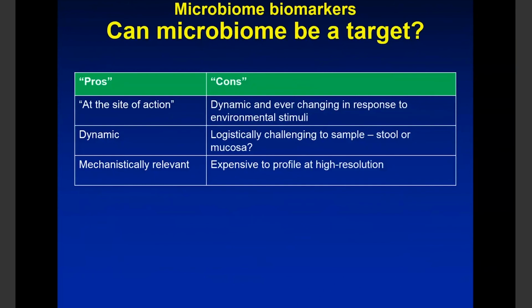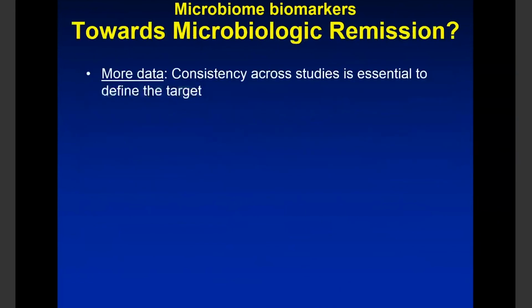The microbiome is also somewhat challenging to sample in that it needs either stool or mucosal biopsies, which are either inconvenient or expensive. The microbiome is expensive to profile at high resolution, at high throughput, and with rapid return of results on an individual patient level, which is all a challenge in the practical implementation of it as a biomarker.